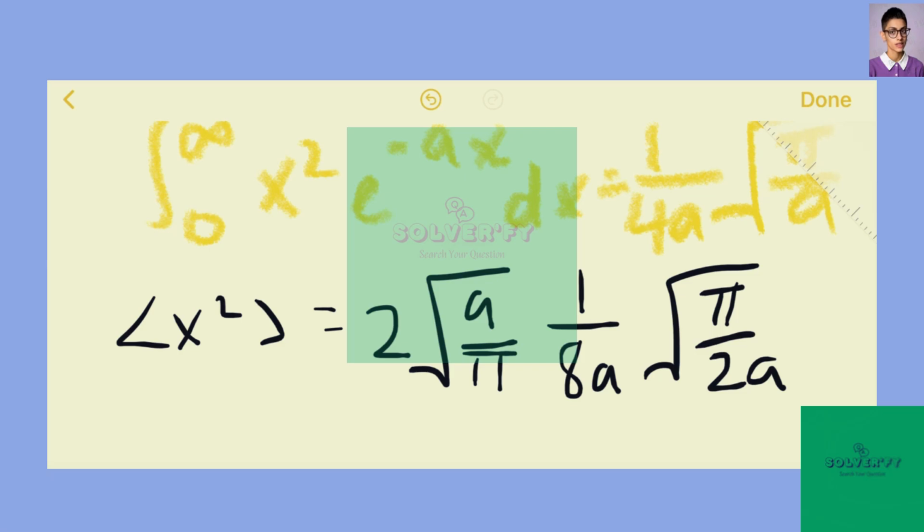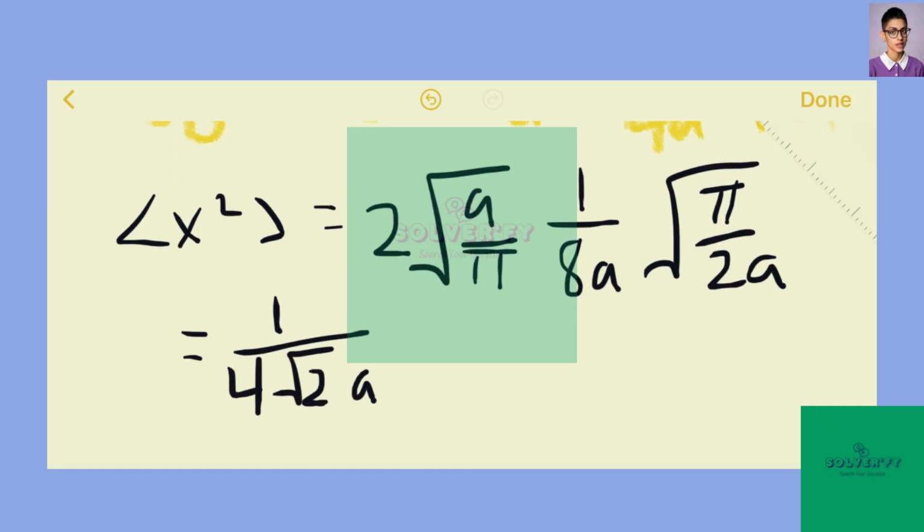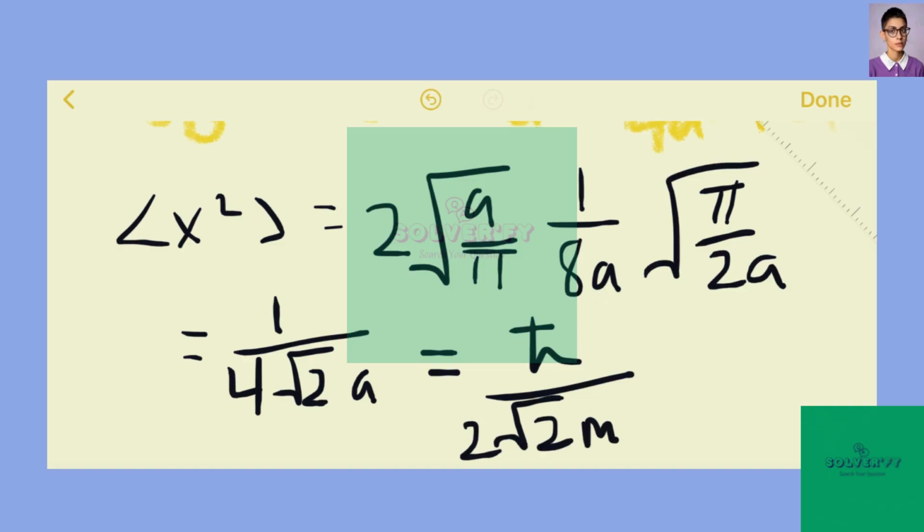Okay, and then simplifying, this will give you 1 over 4 root 2a. Plugging in the value of a, this gives us an expectation value of x squared as h bar over 2 root 2 times m omega.